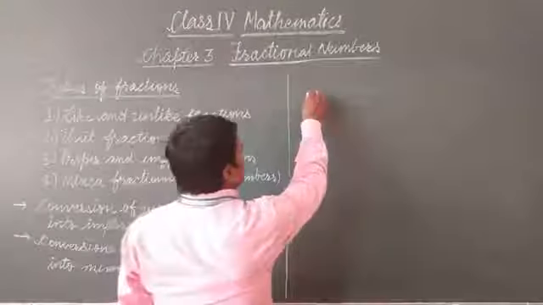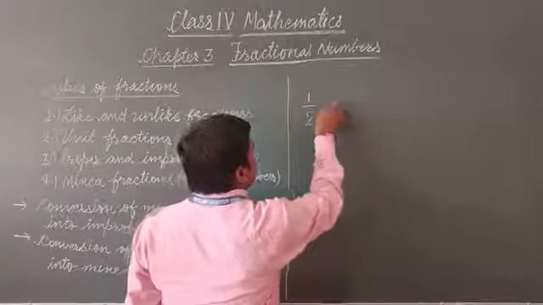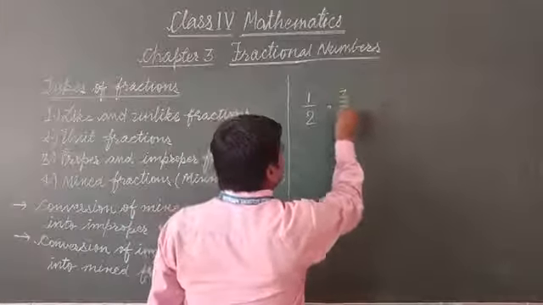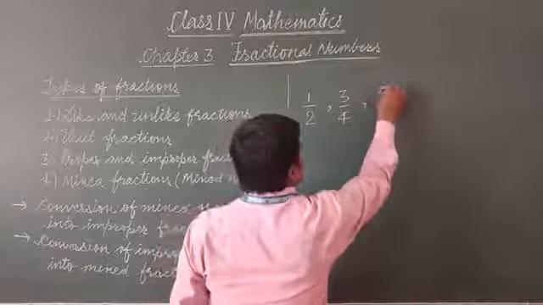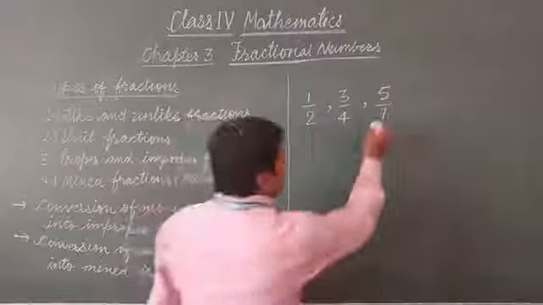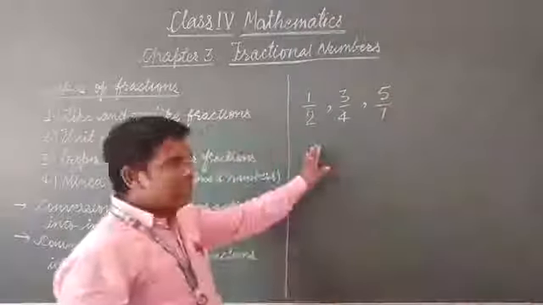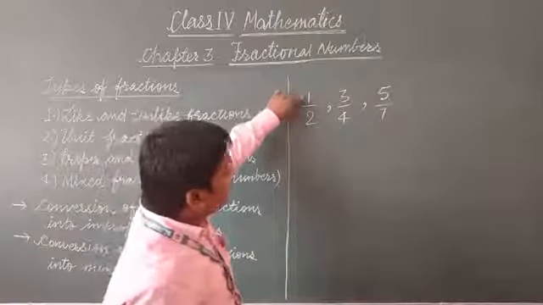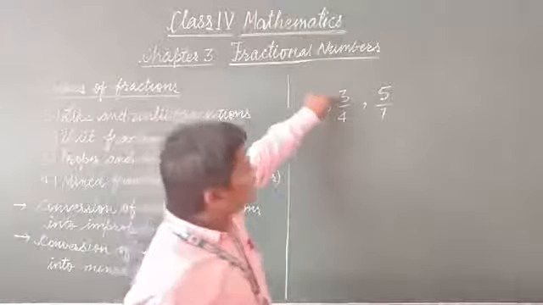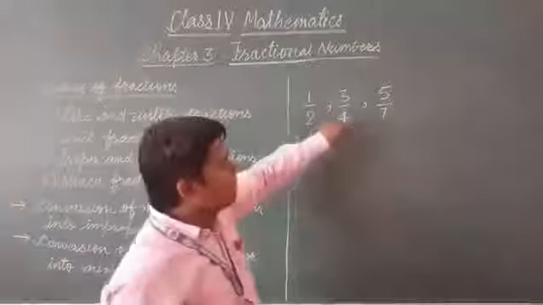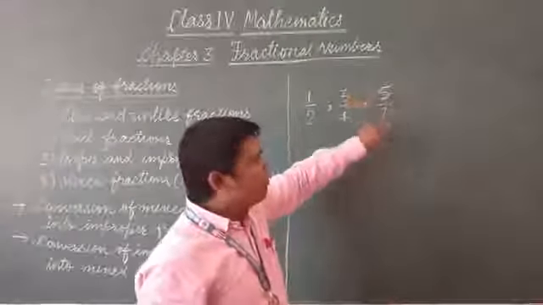Means 1 by 2, 3 by 4, 5 by 7. In these fractions, in the first the numerator is 1, denominator is 2, in the next numerator is 3, denominator is 4, and numerator is 5, denominator is 7.